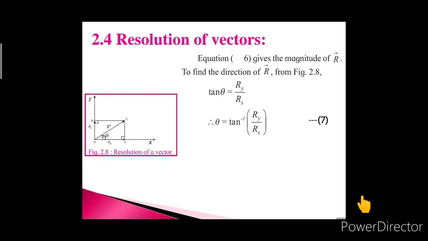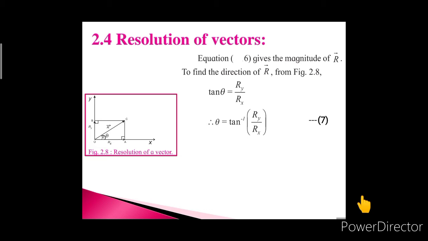Here we had seen the vector r is to be resolved into its two components along x and y axis, and the magnitude of the vector r is to be given as square root of rx square plus ry square, where rx and ry are the magnitudes of the two components of vector r. And the direction of the vector r is to be given by the equation theta is equal to tan inverse ry upon rx.